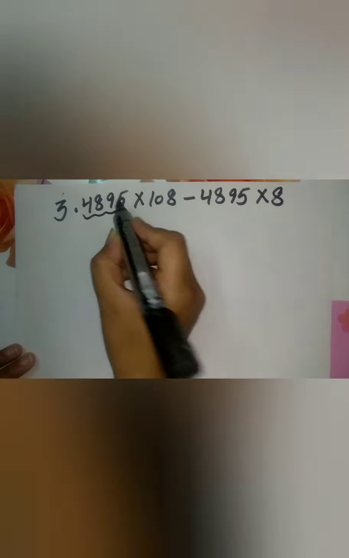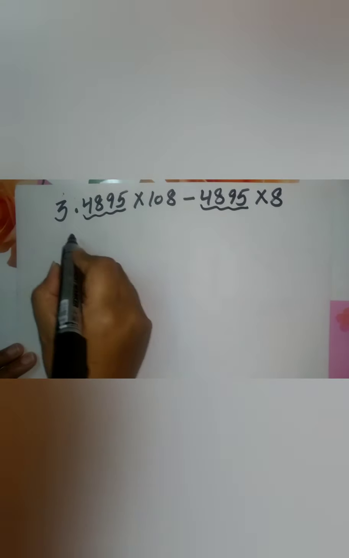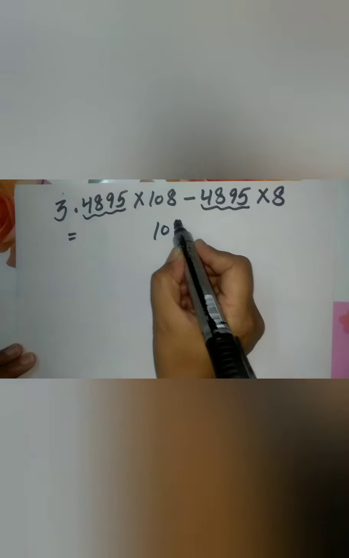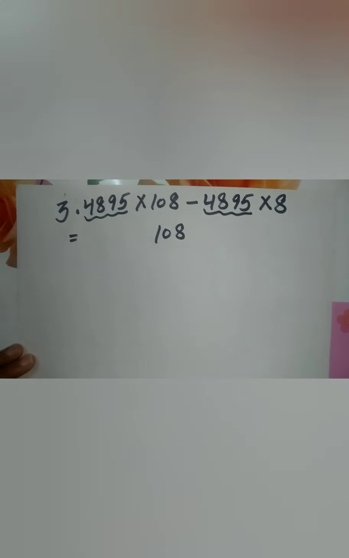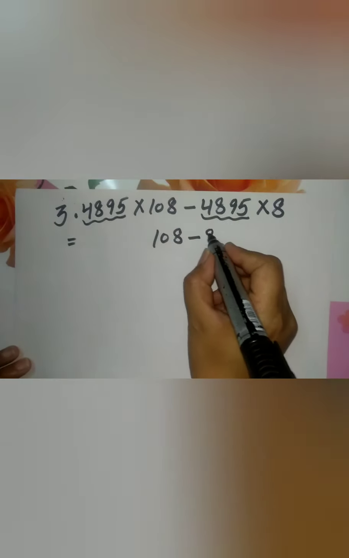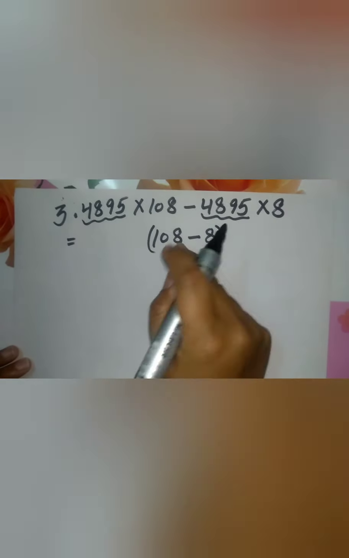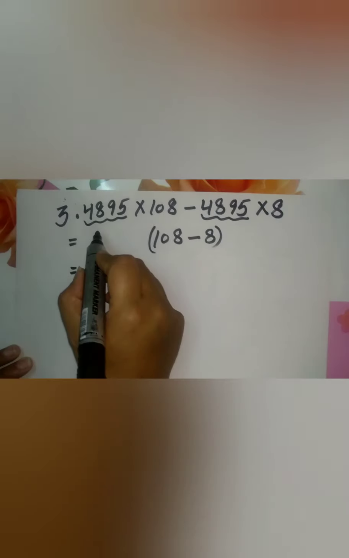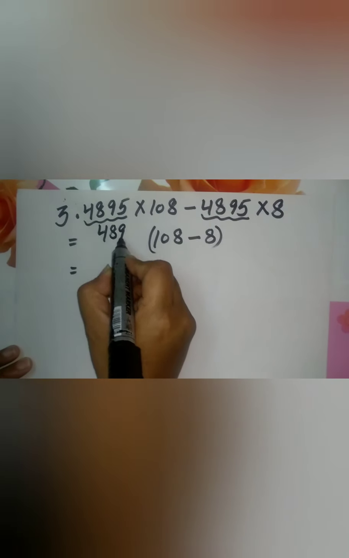Who is the common monster? First of all, just identify the common monster. 4,895. Fighting separately is not easy, but fighting together after applying the relation 108 minus 8, we know that it gives us 100. So we'll send the monster outside.